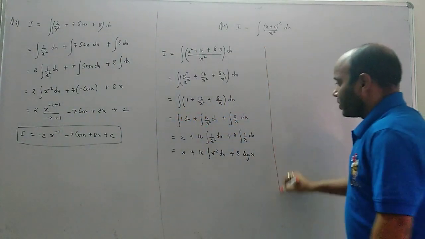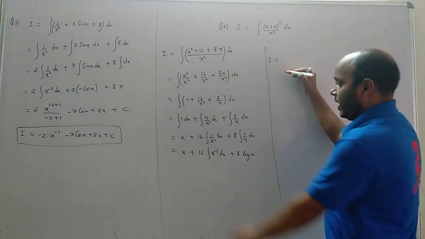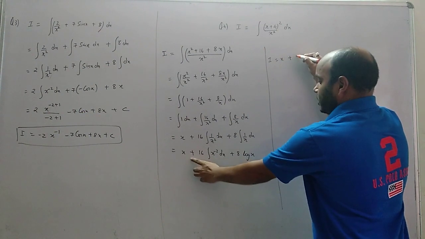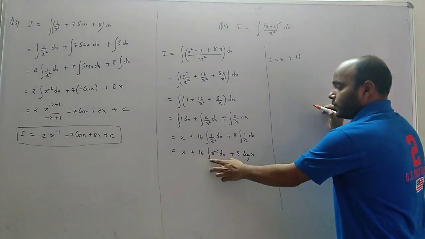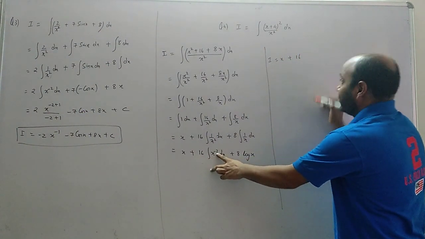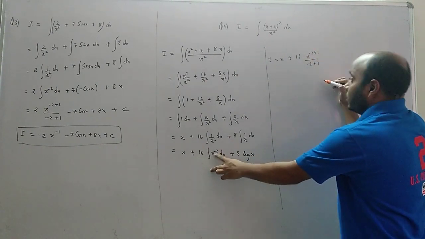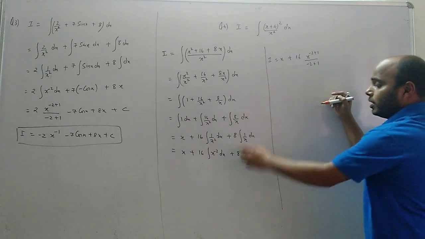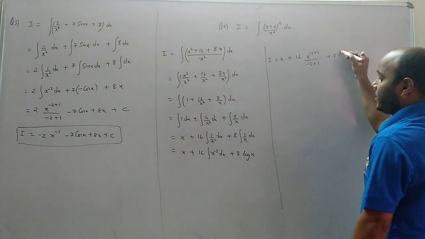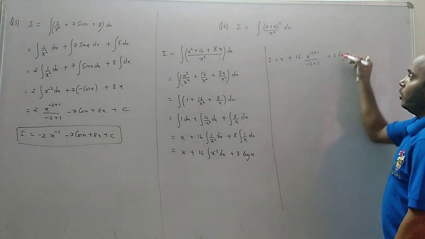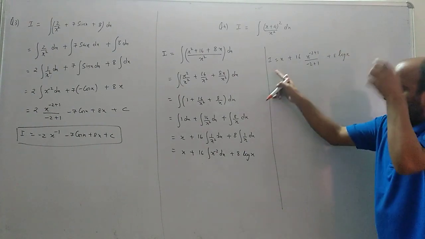Okay, class. So I is equals to x plus 16. Now it's in formula x to power n, x to power n plus 1 by n plus 1. Formula लगा दिया. Integration is gone. dx is gone. Plus 8 log x. All the integration sign is over.